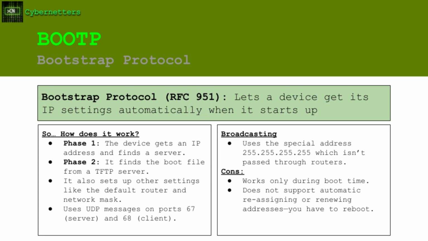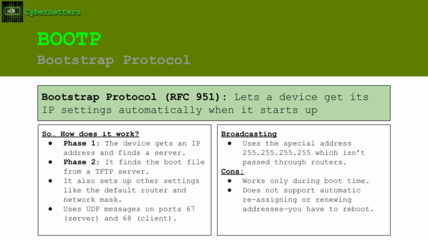Alright, so let's talk about BOOTP, which is the Bootstrap Protocol defined in RFC 951. It was a big step up from RARP because it not only gives an IP address, but it also points the device to a boot file from a TFTP server, and it configures basic settings like the default router and the subnet mask. How it works is basically in two phases.